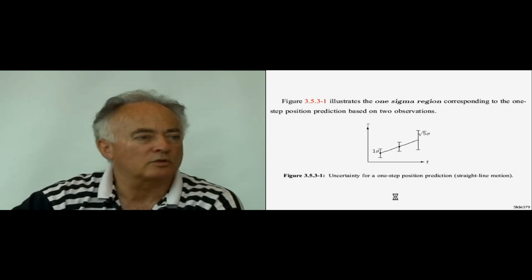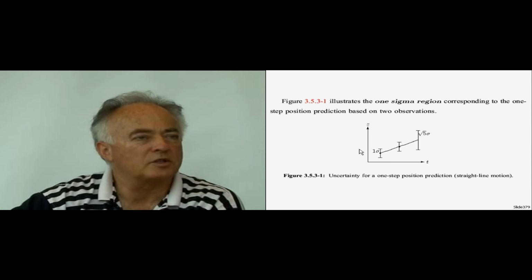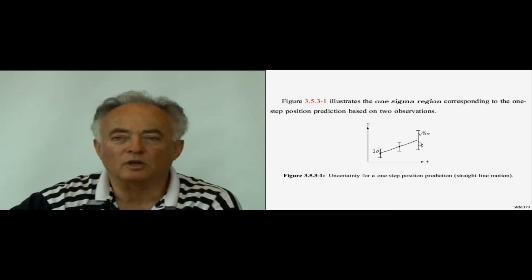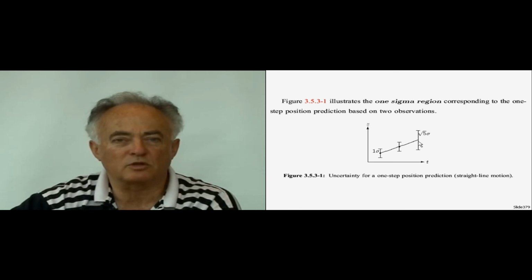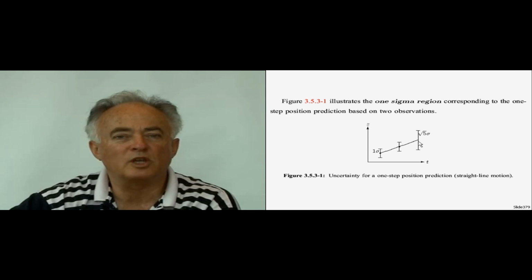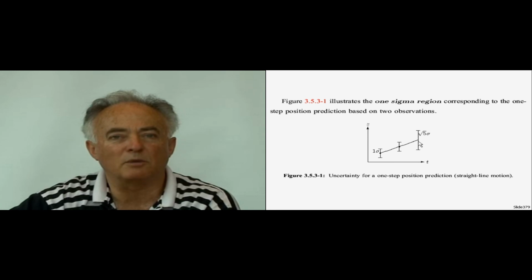Now, this shows the 1 sigma region corresponding to the one-step position prediction based on 2 observations. In practical situations, when you use remote sensing and you get 2 points from 2 measurements of an object, you would like to know which way to point your sensor to come up with a third observation.